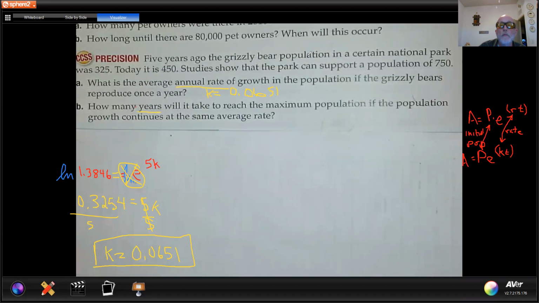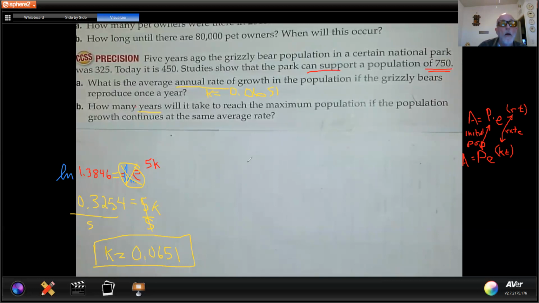What is the maximum population? It says right here in the second sentence, the park can support 750 grizzly bears. So how long is it going to take to reach the maximum rate?